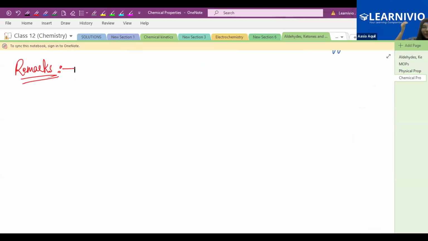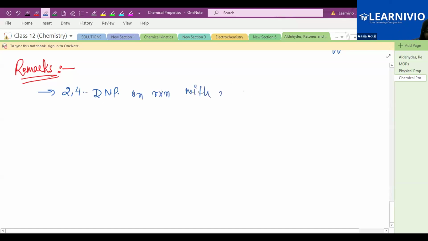Okay, so this 2,4-DNP group, on reaction with aldehydes or ketones, gives a yellow, orange or red precipitate.